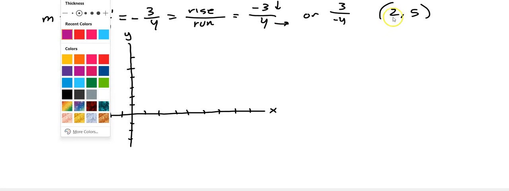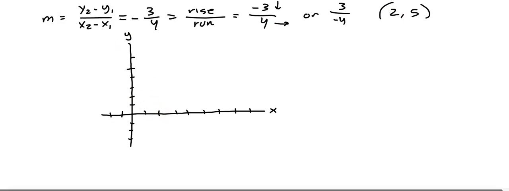Let's first find the point 2, 5. We go over 2, because we always go x first, and then up 5. So 1, 2, then 1, 2, 3, 4, 5. There's our first point. Now, I'm going to go with this one first.